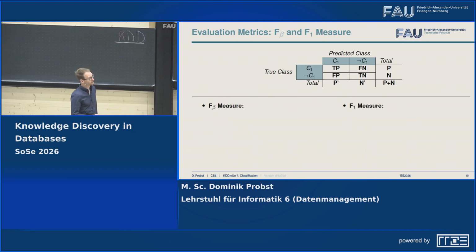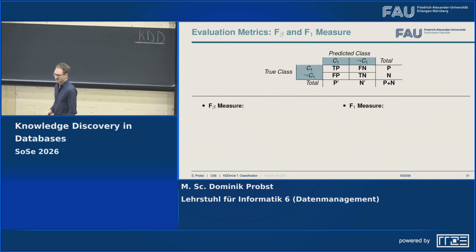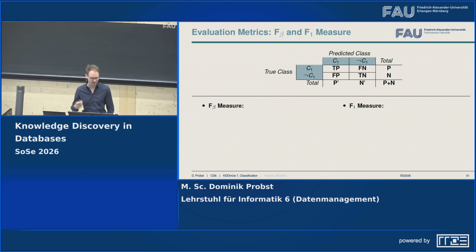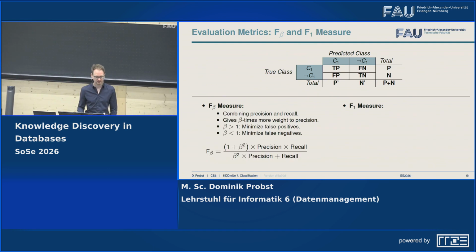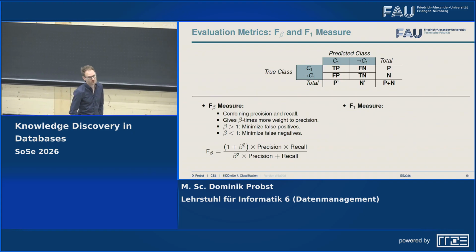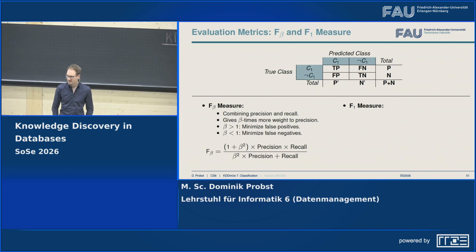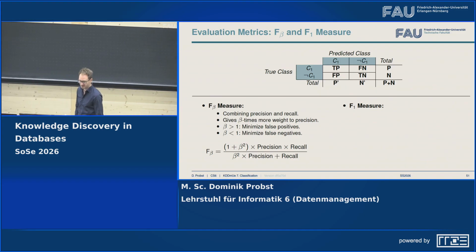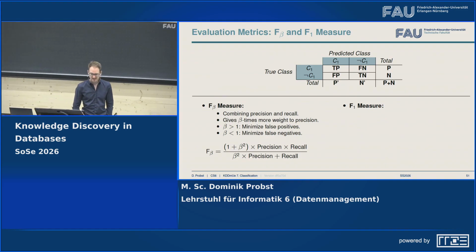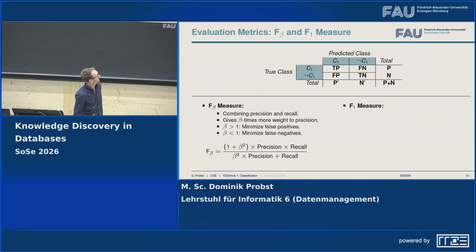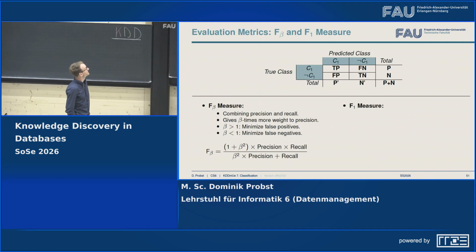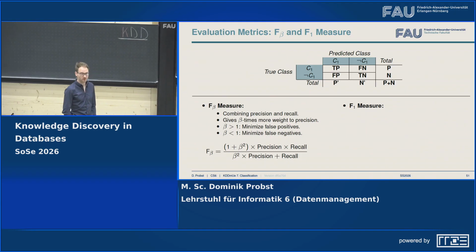And then we have some combined measures, the F-beta measure and the F1 measure, which is a measure with a specific beta. So we can have a combination of precision and recall. And the F-beta measure gives beta times more weight to precision. So if you have a beta higher than 1, then you are trying to minimize false positives.